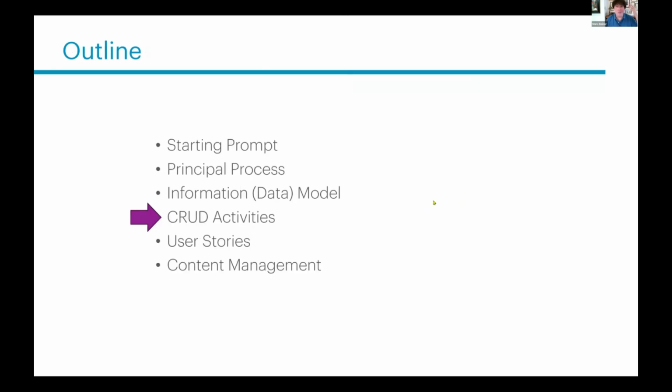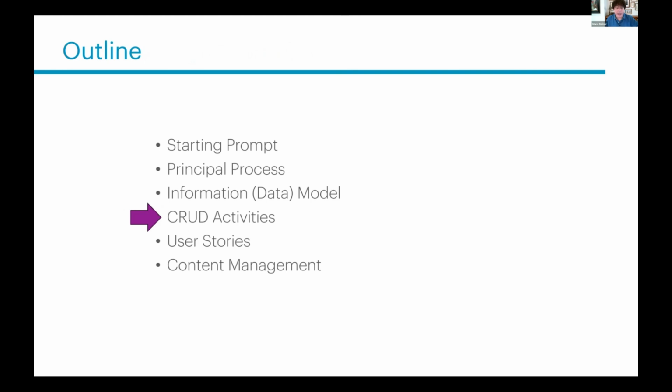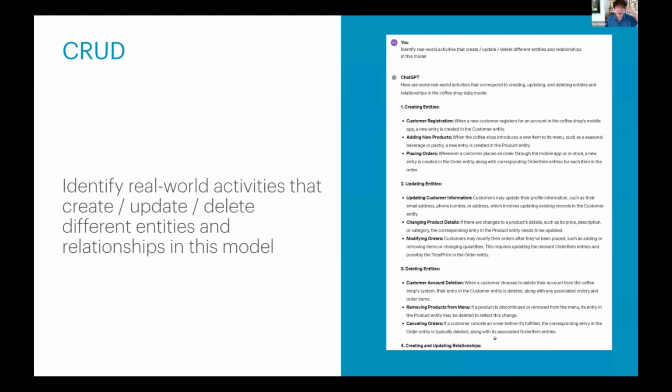So I can ask, for example, I can look at the information model perspective. Oops, come on, roll. There you go. I can look at the information model perspective, and I can say, looking at all these entities and relationships here, can you give me a list of the real world activities that cause creation, updating, deleting of these different entities?